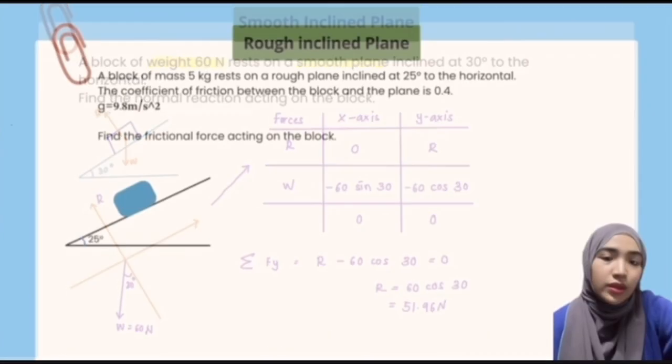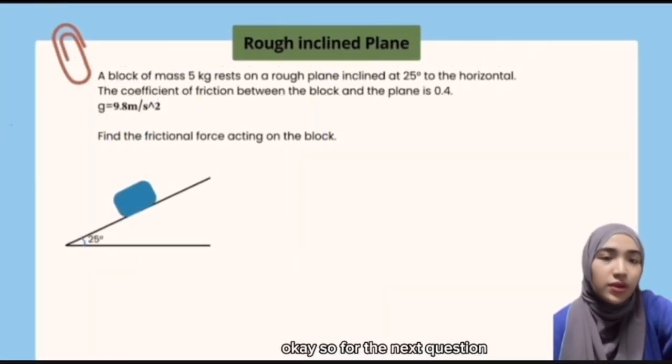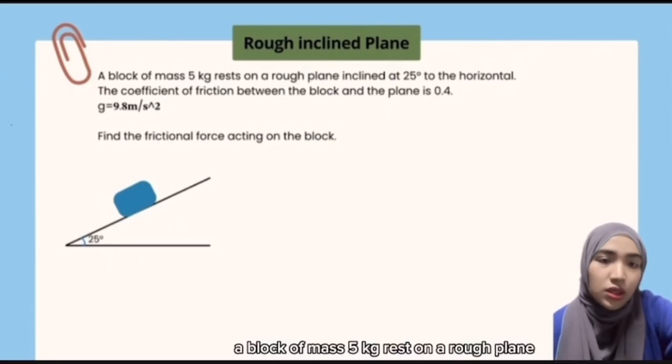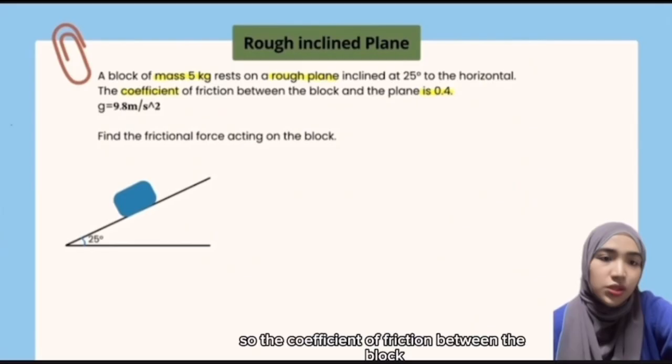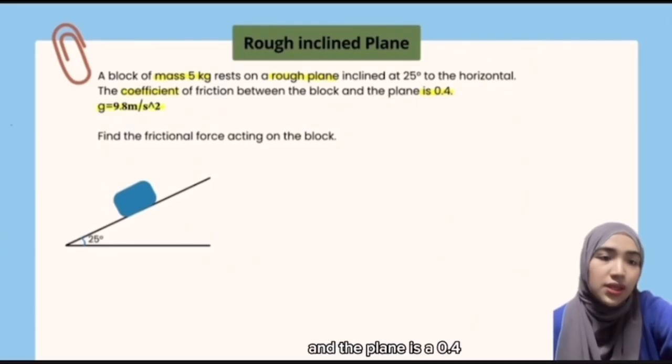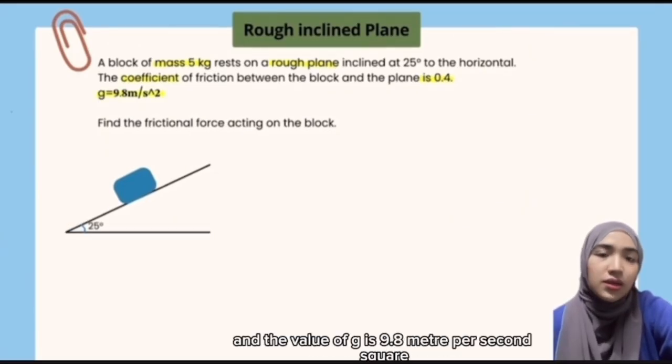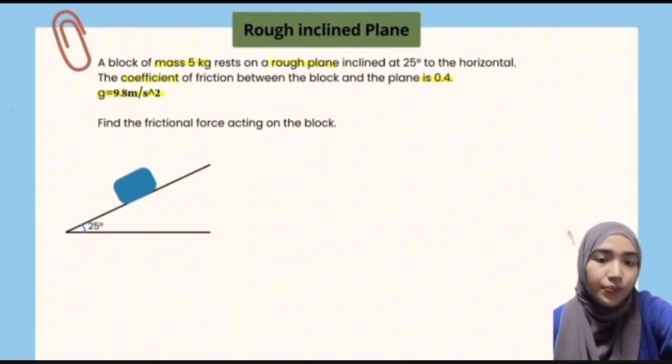For the next question, a block of mass 5 kg rests on a plane inclined at 25 degrees to the horizontal. The coefficient of friction between the block and the plane is 0.4, and the value of g is 9.8 meter per second squared.